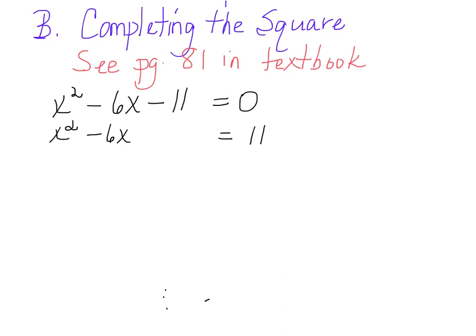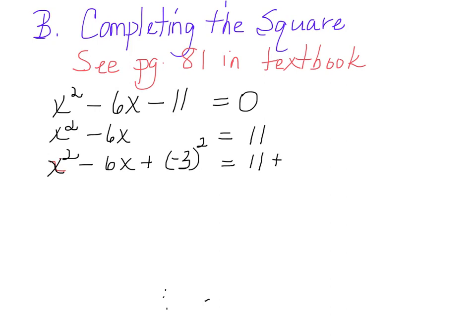What you do next is take half of the coefficient b, which in this case is negative 6. So take half of negative 6, multiply negative 6 by 1/2, square it, and add it to both sides. So now you have x squared minus 6x plus negative 3 squared, because that's half of negative 6, square it, and add it to both sides.